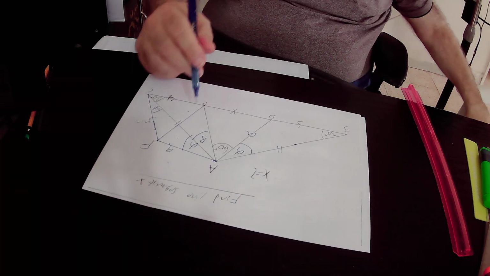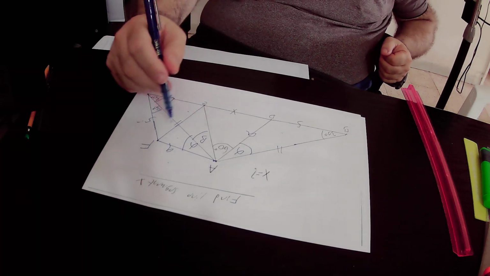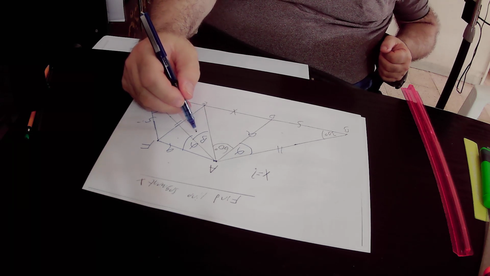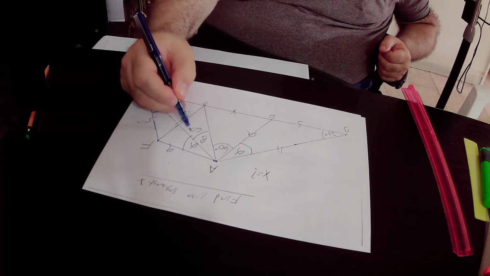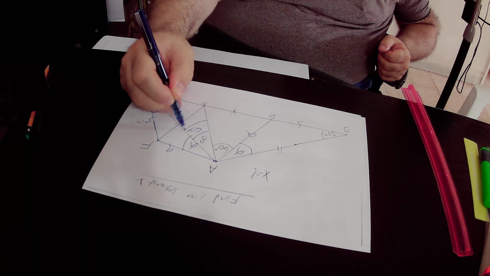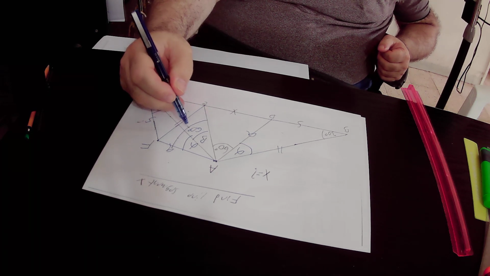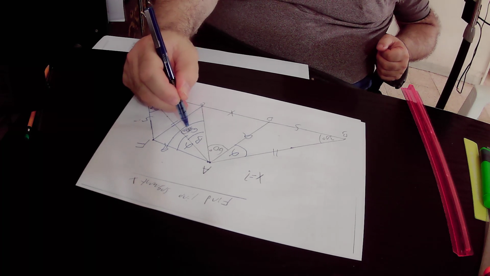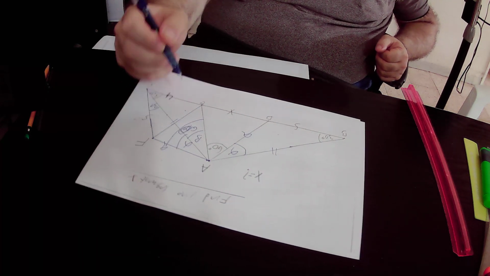So this angle EAF, that is equal to alpha plus beta, is equal to 60 degrees. Okay, it is equal to 60 degrees.